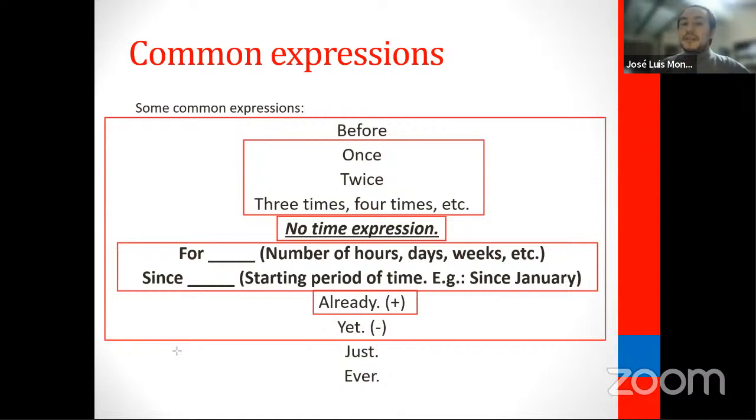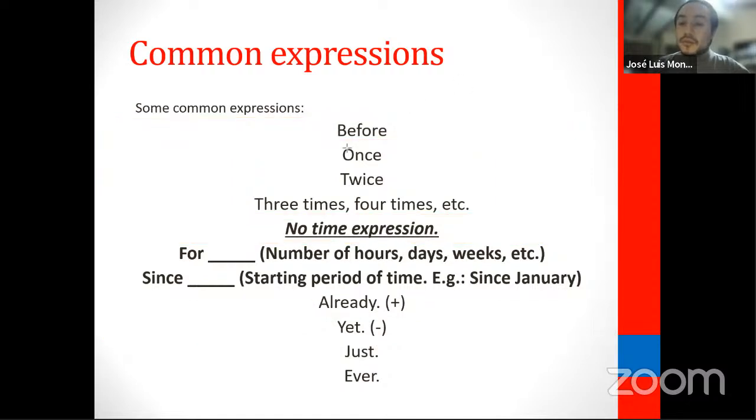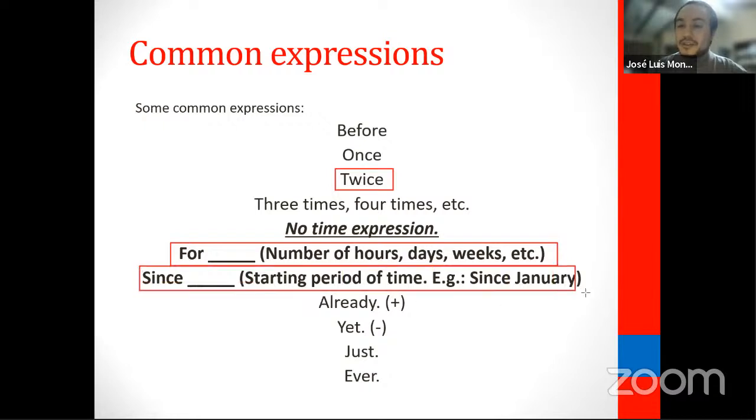No? All right. So please, this is what we're going to do. I'm going to choose some of them because I believe it's important that you understand how to use them. All of you, please, Jose, David, and Fabiana, you're going to write one example with twice, okay? You're going to write another example with for, the third example with since, and finally, you're going to only write one with already, okay?